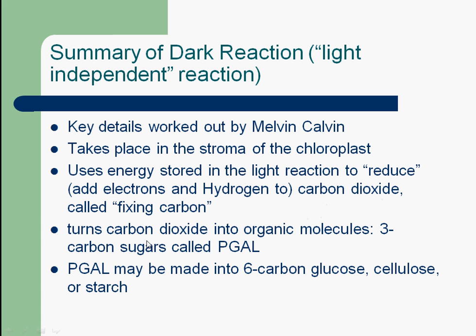And in essence, what it does is it ends up turning carbon dioxide into organic molecules. These are 3 carbon sugars that we refer to as pGal, pyruvate, or pyruvic acid. When these 3 carbon sugars come together, they pair up, they form 6 carbon molecules that we call glucose, cellulose, or starch.